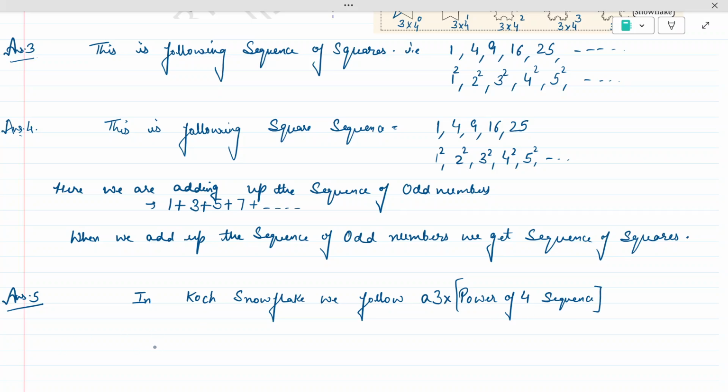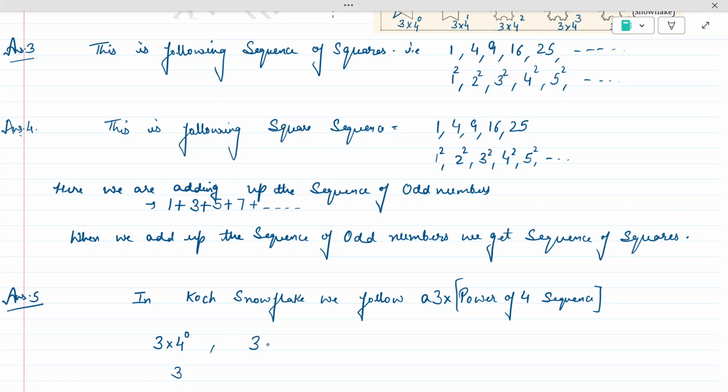That is, the first one we have is 3 into 4 raised to the power 0, which will give us 3, because 4 raised to the power 0 is 1. We have done this: anything raised to the power 0 is always 1. So 3 multiplied by 4 raised to the power 0 means 3 multiplied by 1, which gives us 3.